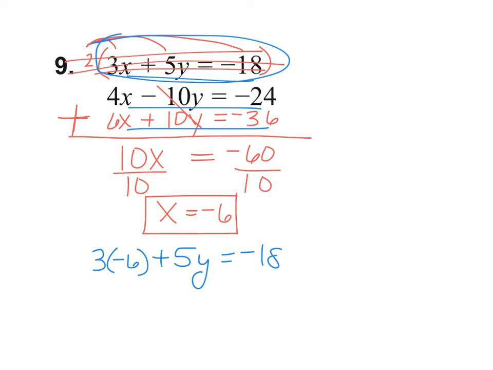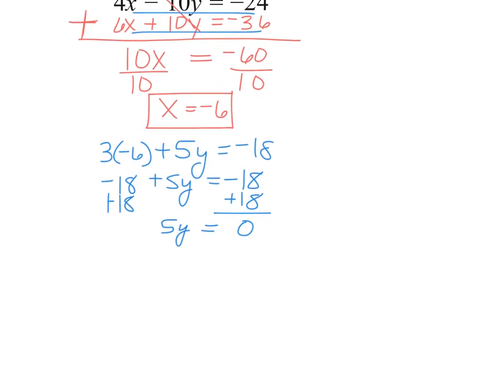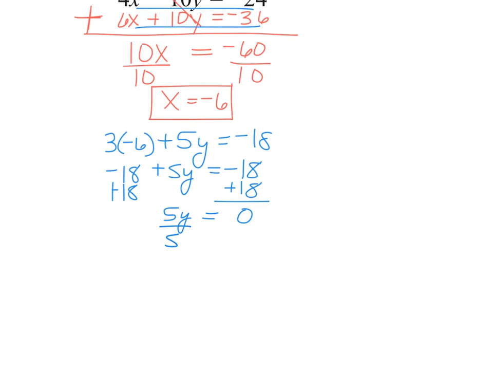So I'm going to multiply this, negative 18 plus 5y equals negative 18. We're going to add 18. So this is 0 equals 5y. And then your last step is to divide by 5. Well, 0 divided by anything is just 0. So your answer is the point negative 6, 0.